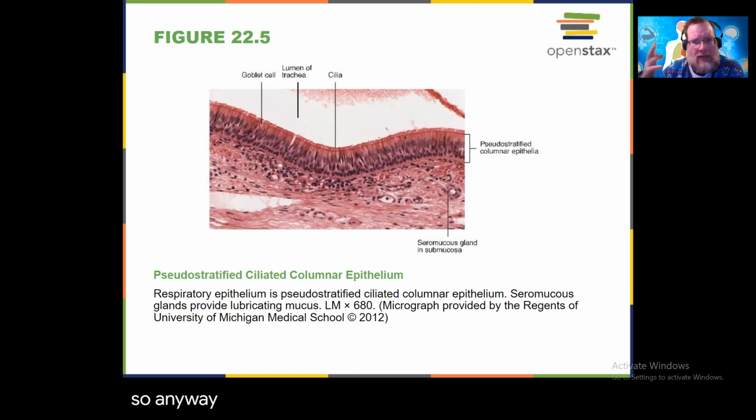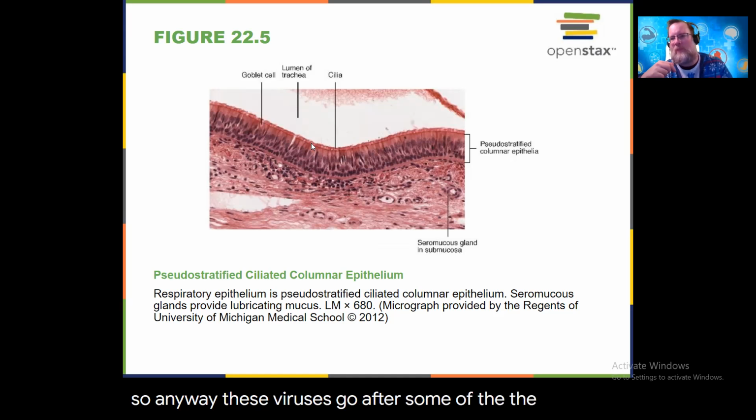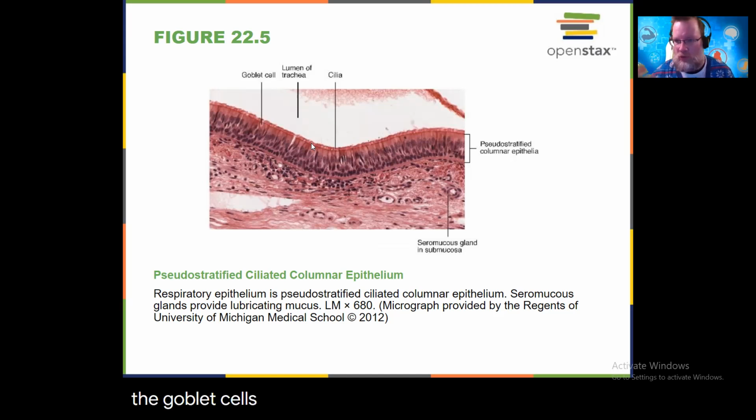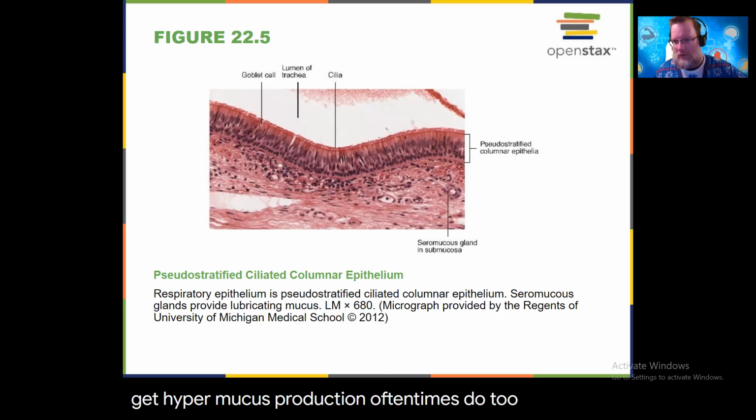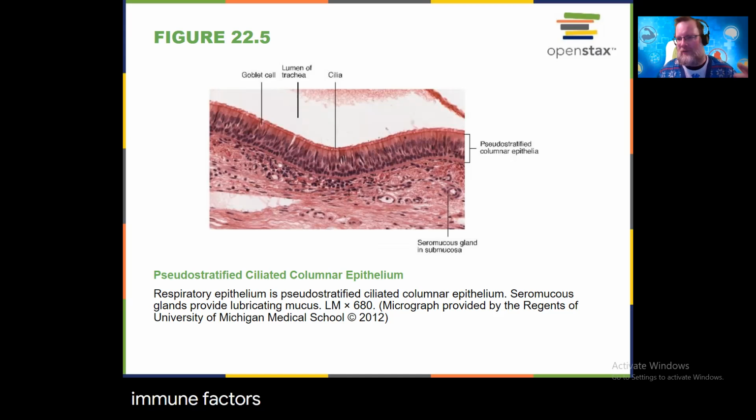Anyway, these viruses go after the way the goblet cells produce mucus. So we oftentimes will get hyper mucus production, oftentimes due to other immune factors that have almost an autoimmune response.